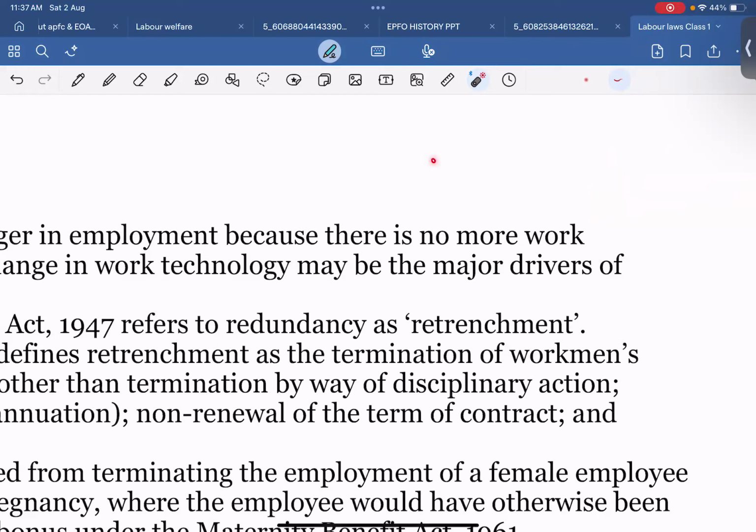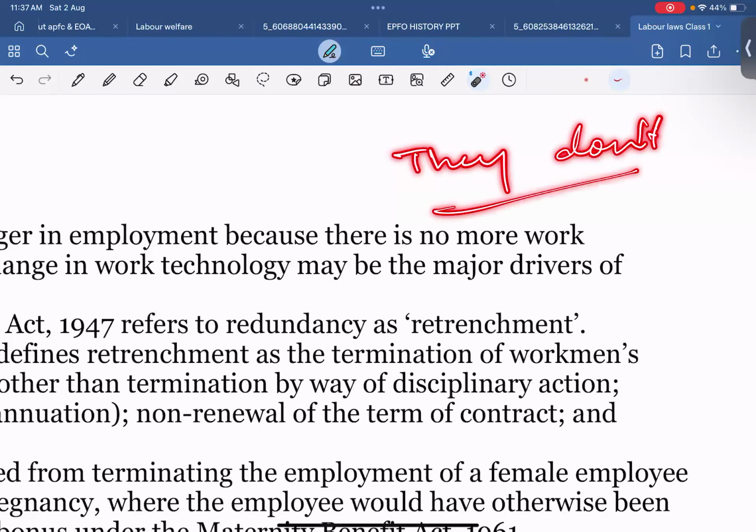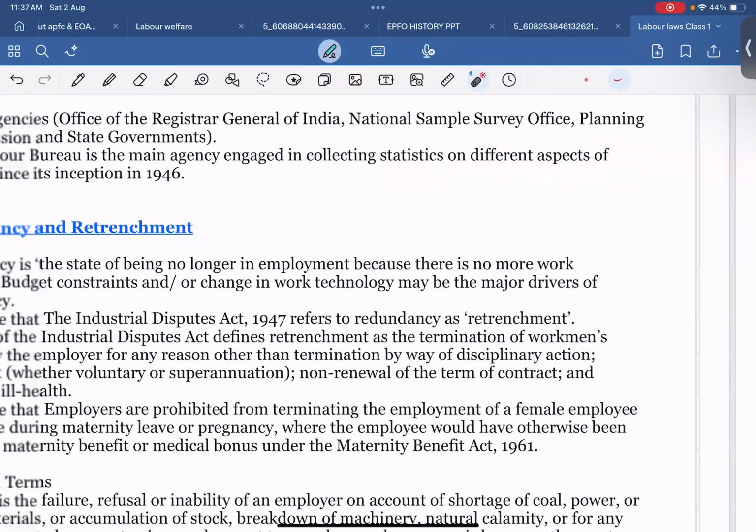After the completion of work, those four laborers will go to their homes. Now they don't have any work for now. Why? Because the work is completed.